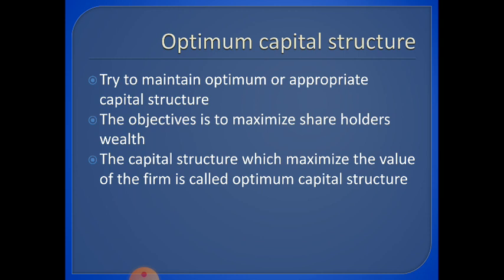The optimum capital structure tries to minimize the weighted average cost of capital, the total cost of capital, and maximize the value of the firm or shareholders' wealth. It is the mix of debt and equity that maximizes the value of the company and minimizes the cost of capital. That mix we can call optimum capital structure.